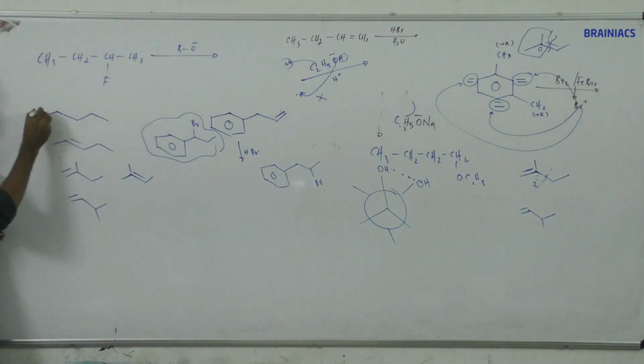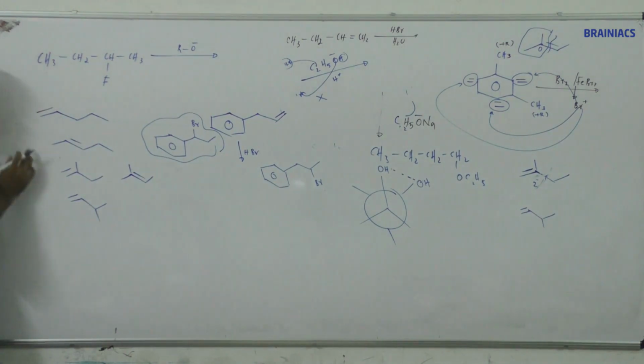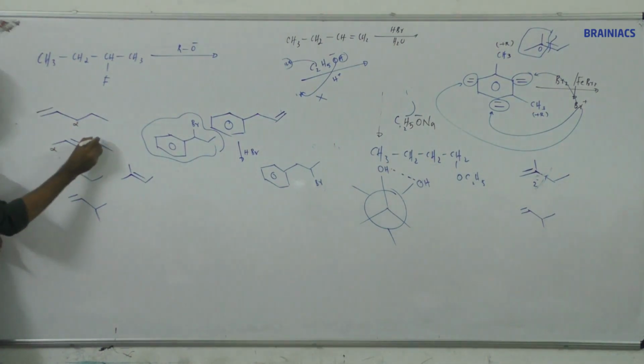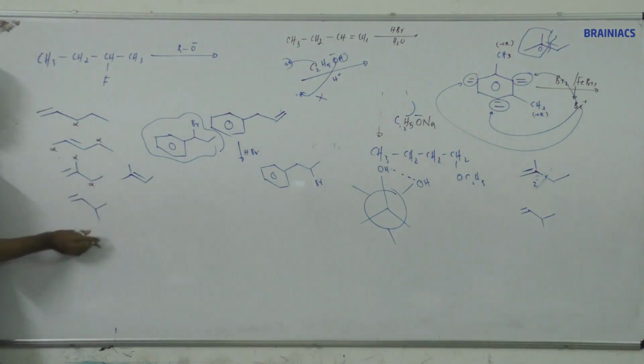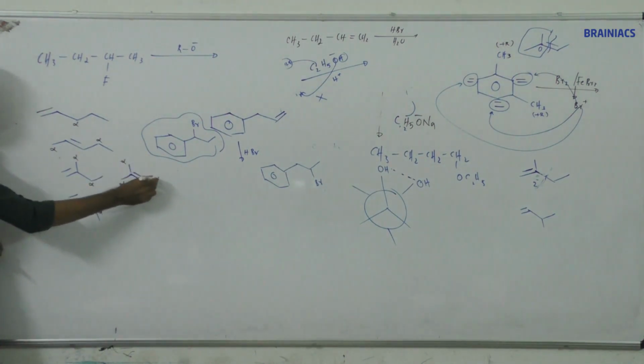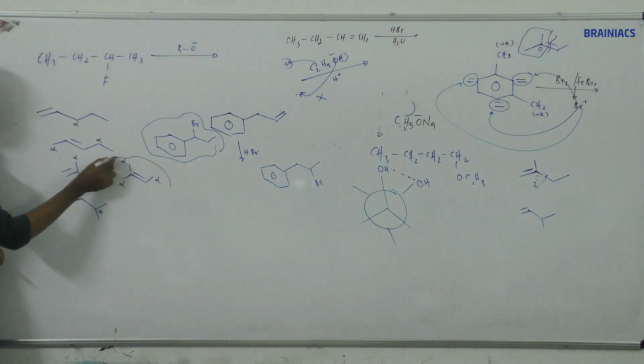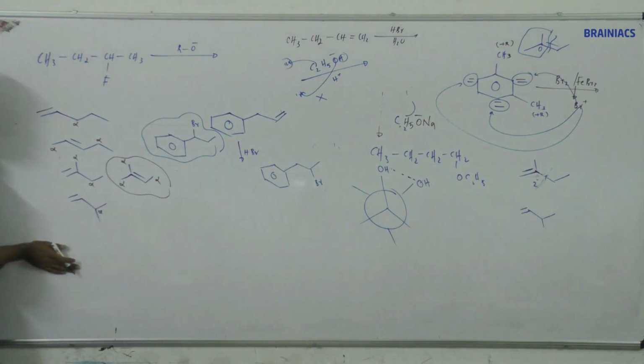The total substitution means total number of alpha carbons. So the chance for tri-substitution is also there. Not only with respect to a single unsaturation, tri-substituted alkene.